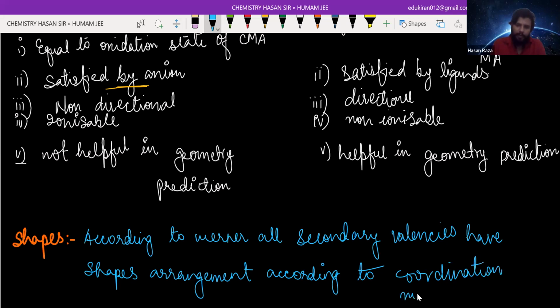So if there is anything that you don't understand, please ask me. And Werner theory is all about coordination number 6.